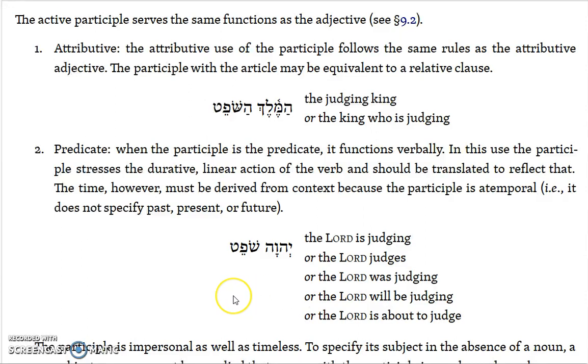All of those are possible meanings. But it would be a sentence. Since Lord is a personal name, that's definite. If you want to say the Lord is the judge, then you need a hashofet. But in this construction, it should be taken as a sentence.